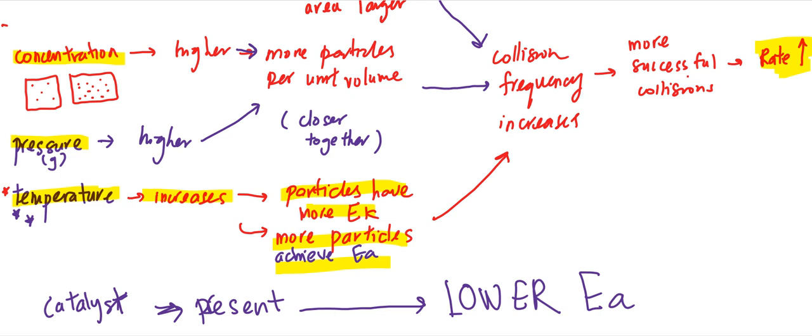Now, when you lower the activation energy, one very important point that you need to know is you don't have more frequent collisions. They're not moving faster, but they have more successful collisions. It makes it easier for a reaction to occur. Okay? Can you all understand so far?